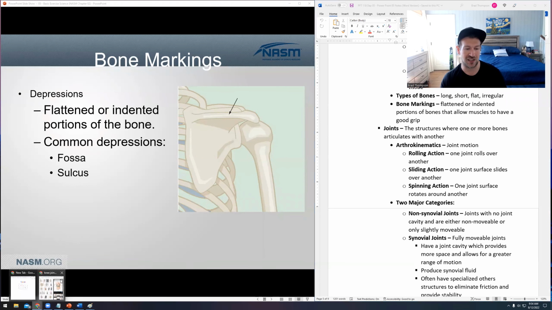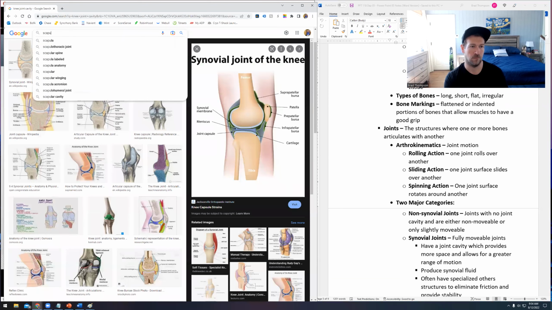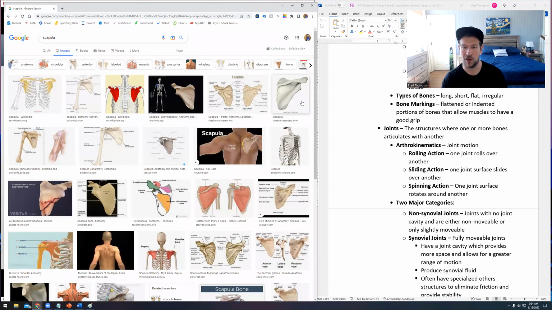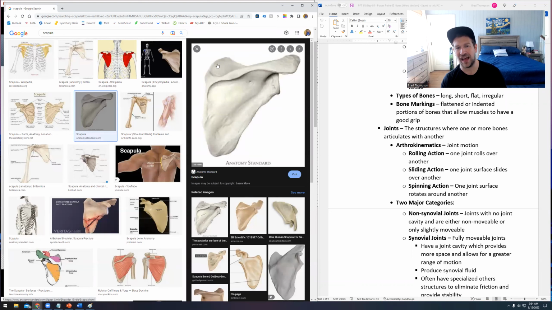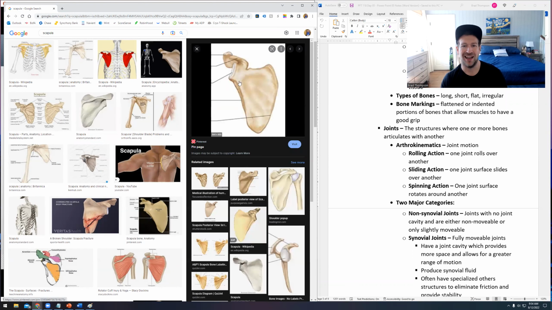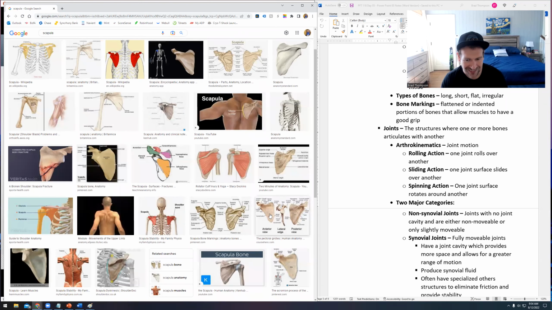So for instance, if you look at your scapula, which is that shoulder bone, right? See this like valley right here? Actually, let's see if I can get a lateral view. There we go. Other side lateral view.